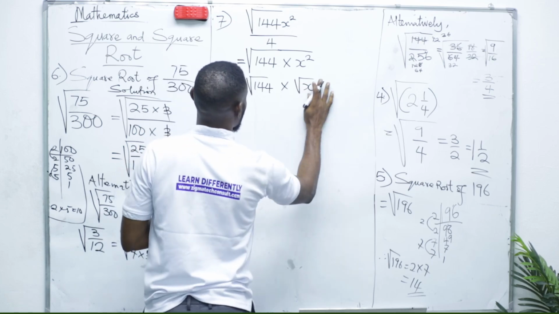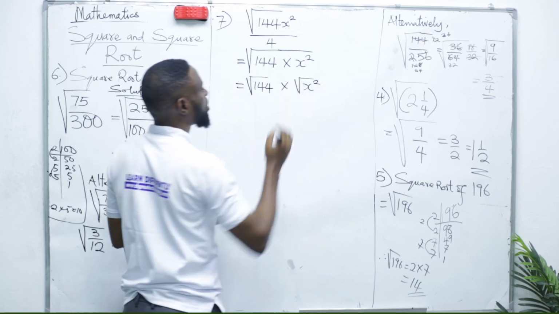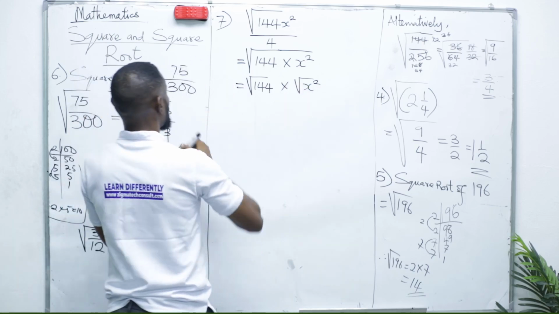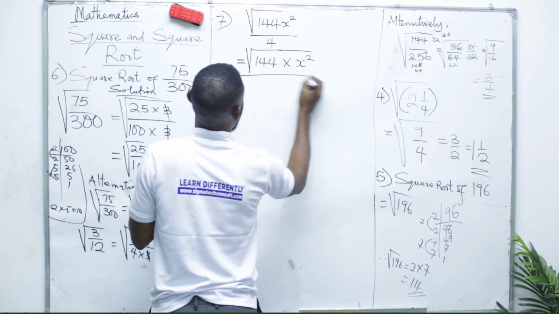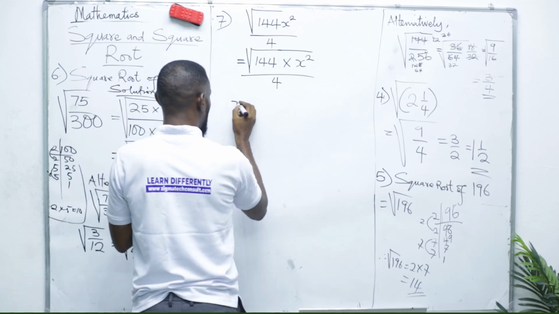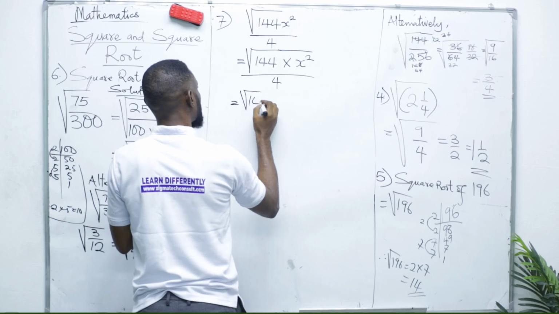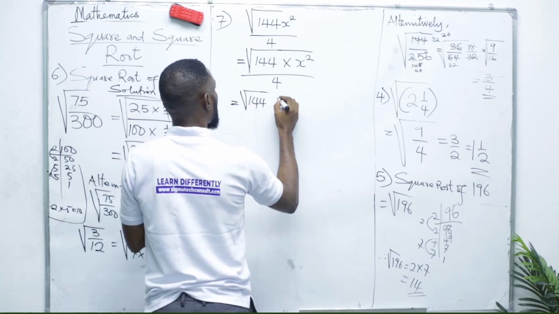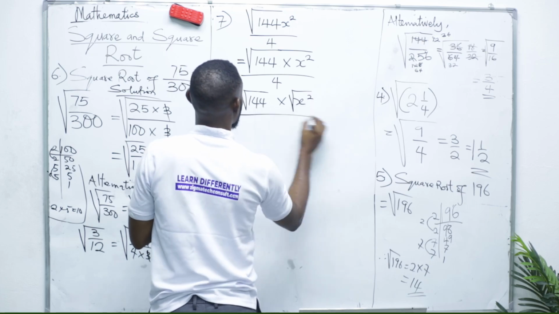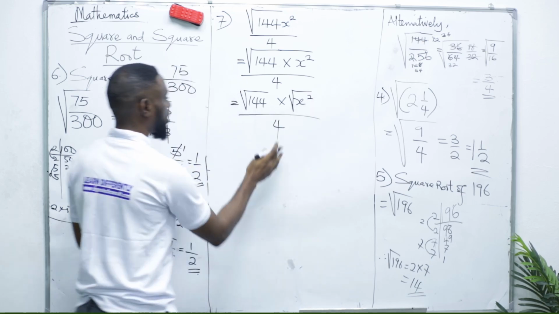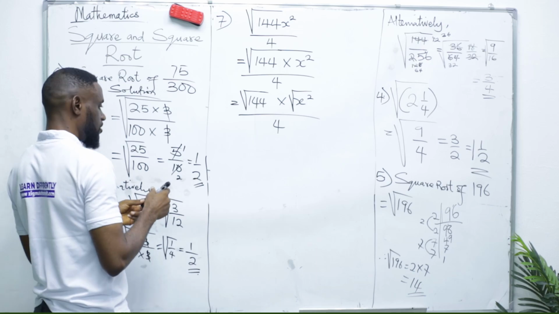Are you with me? But before we do that, let's not forget to maintain our divided by 4. So this will now mean root of 144 times root of x squared, divided by 4 again. Is that okay now?